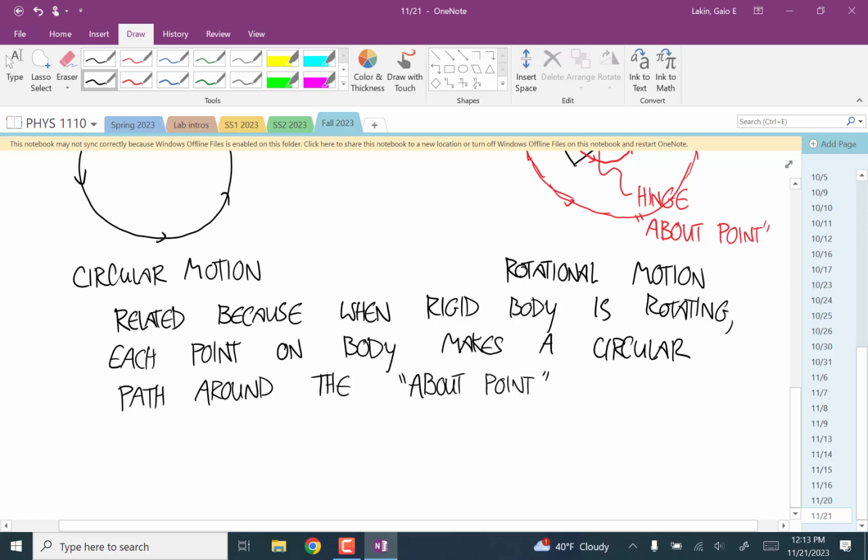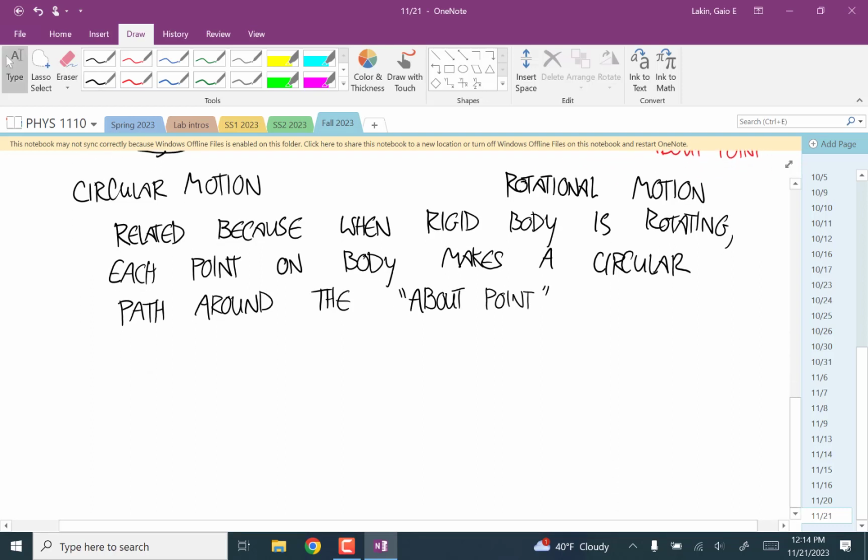And the about point is that hinge or whatever. Okay, so to talk about rigid body rotation, rotational motion, first we have to define two new quantities.